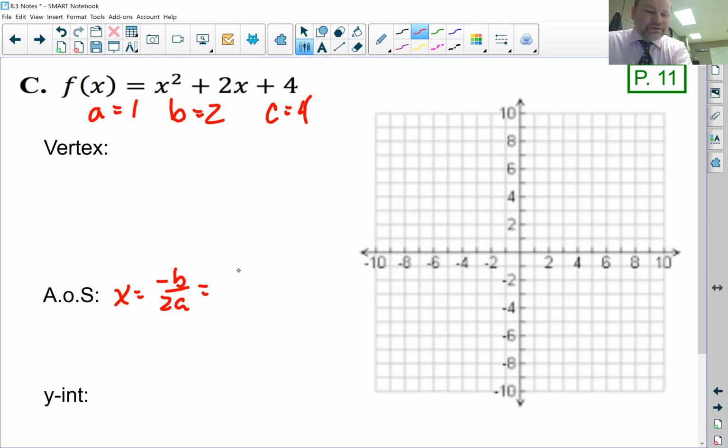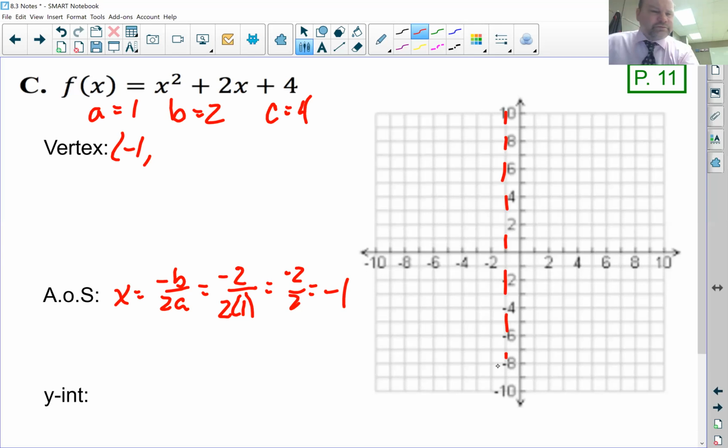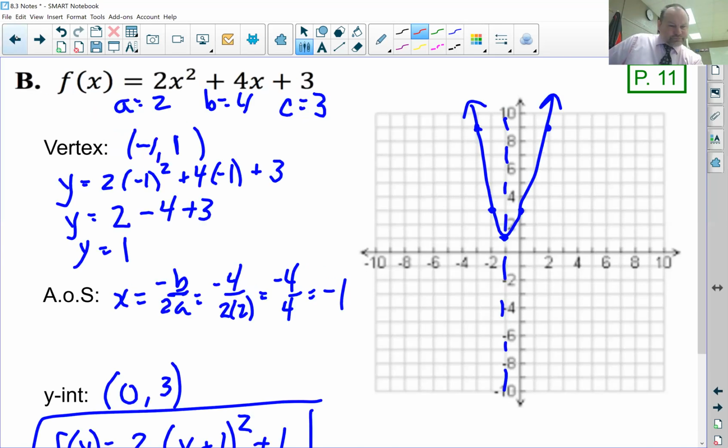You could go right into the opposite of 2, over 2 times A. I just like to reinforce that formula. So -1 is my axis of symmetry, just like it was on the last one.